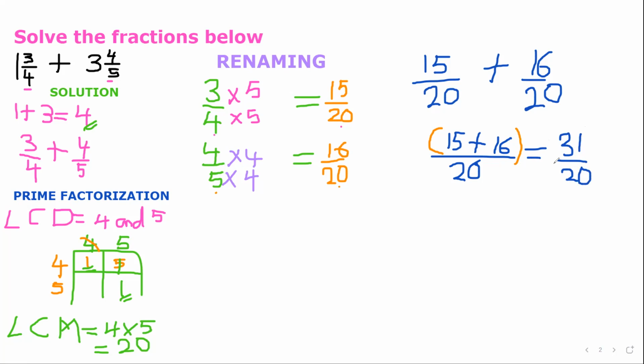And you know the 31/20 is improper fraction, and you must also change it to mixed fraction. And don't forget we have the 4 here. So let's change this one before we attach the 4 to the fractions here.